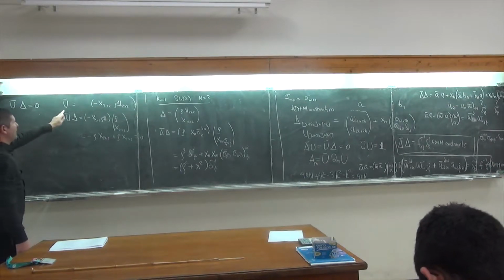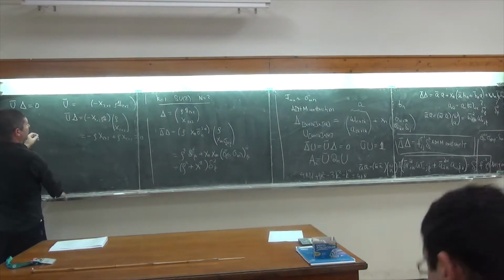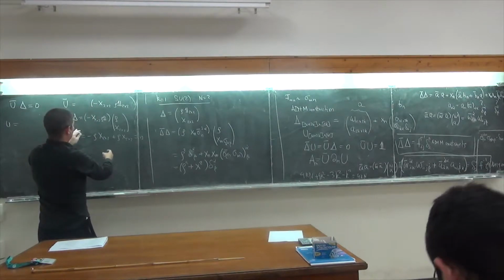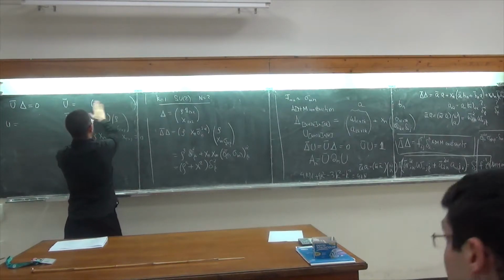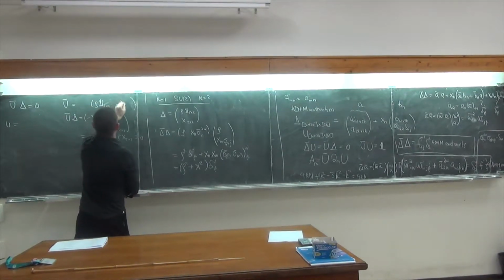Therefore now I have already u bar, therefore I have also u. U is just the complex conjugate of that. Sorry, what did I say here? I wrote the opposite way. Rho 1 minus x2.